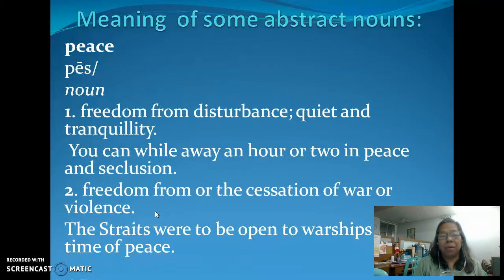I have an example of a sentence under each of these meanings. For example, for the first meaning of the word peace, I have here, you can while away an hour or two in peace and seclusion. And then under the second meaning, my example is, the straits were to be open to warships in time of peace.